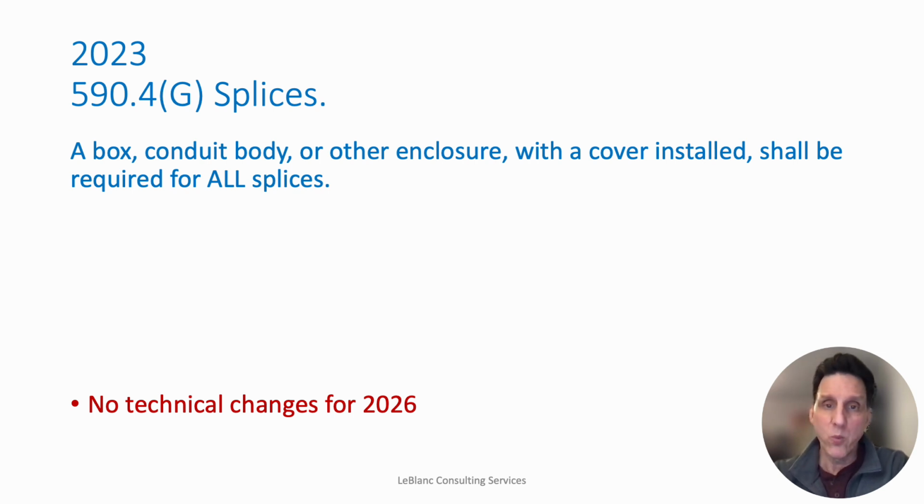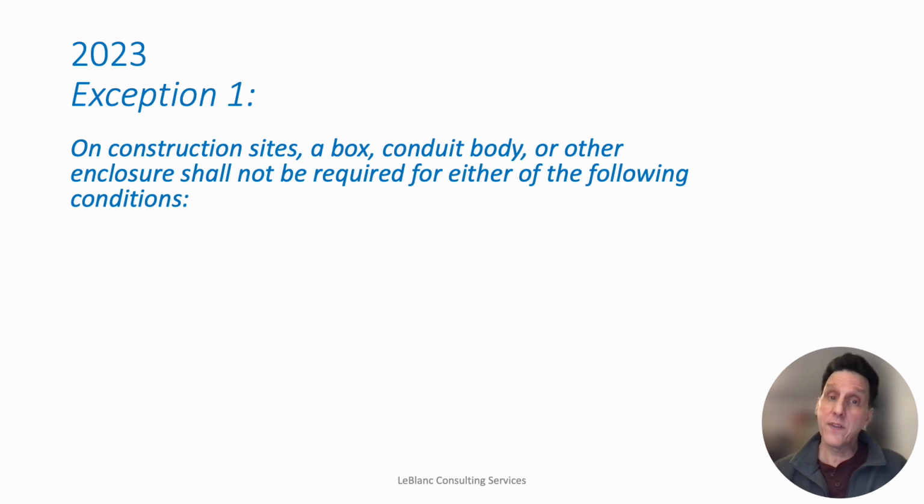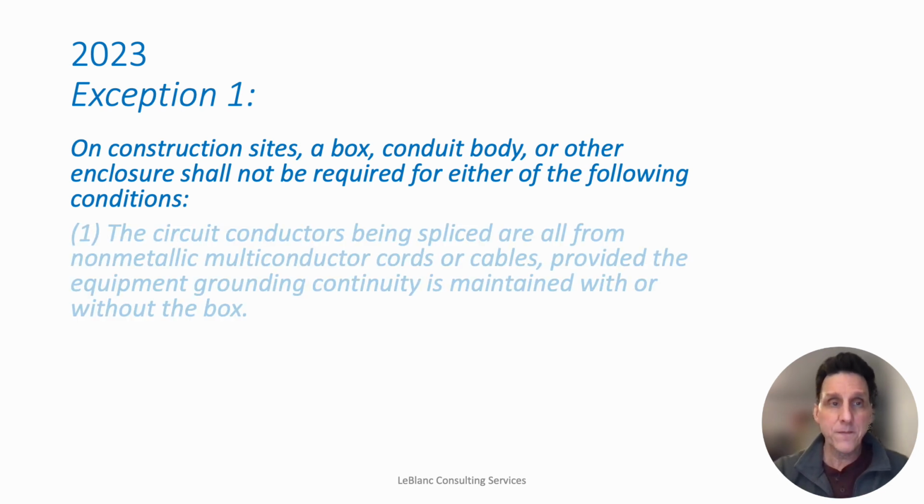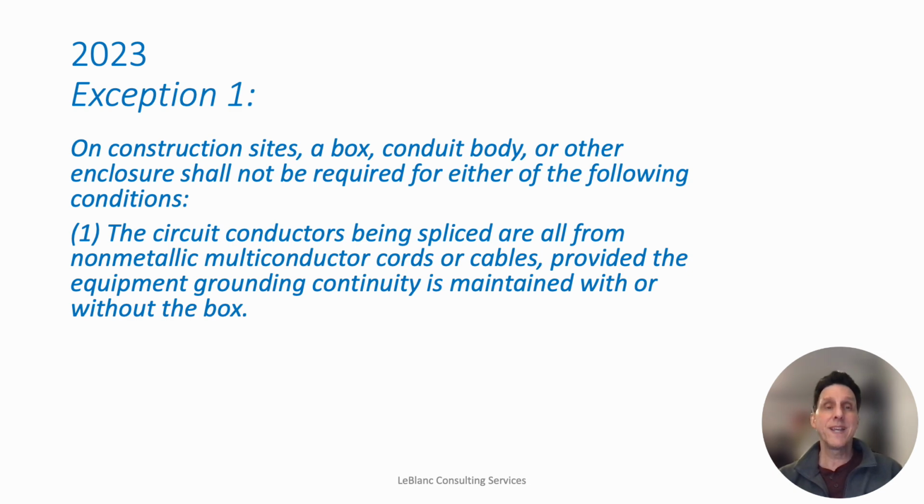Now let's take a look at exception 1. Now this applies only on construction sites, but it does apply to feeders or branch circuits on construction sites. On construction sites, a box, conduit body, or other enclosure is not required for either of the following conditions. Item 1, the circuit conductors being spliced are all from non-metallic multi-conductor cords or cables, provided we maintain the continuity of the equipment grounding conductor.